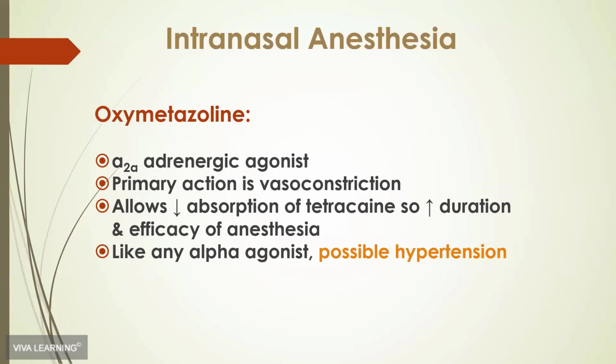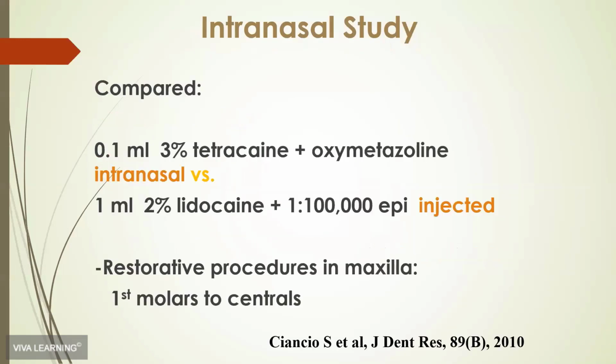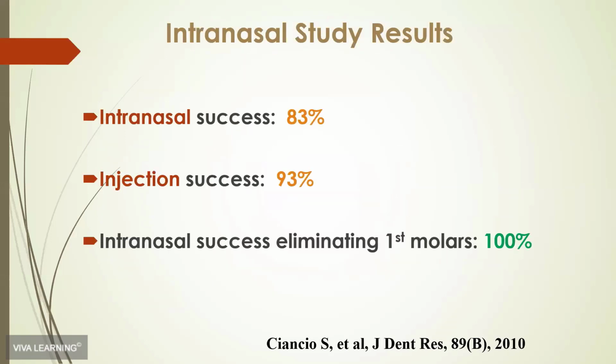So there is the same small little concern about cardiac stimulation when we use this, no more so than a local anesthetic, but it certainly isn't benign from a cardiac perspective. So we have to keep that in mind. And studies show that it works. This study showed 100% pulpal anesthesia for premolars and anterior teeth.